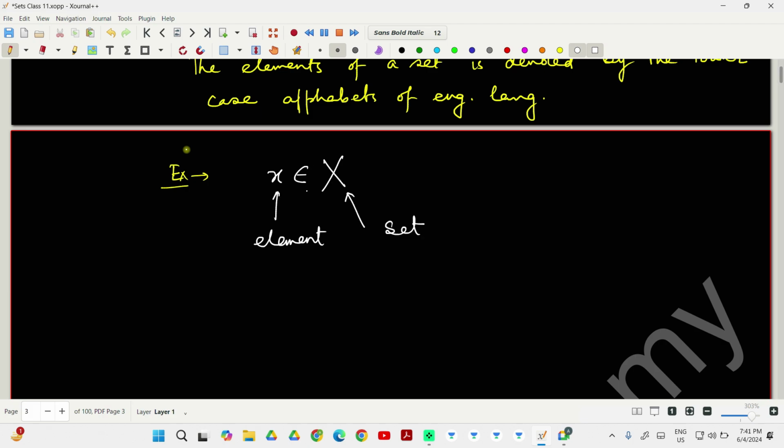This sign is 'belongs to', meaning this element x is in set capital X. And if we write a does not belong to capital A, that means element a is not in the set capital A. Here also this is the element and this is the set.